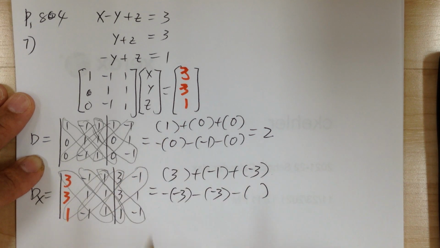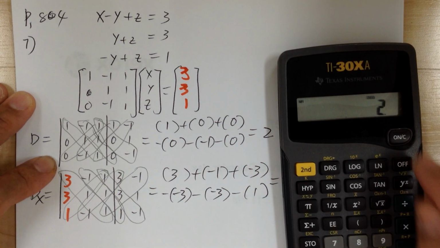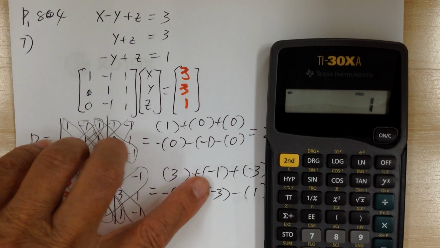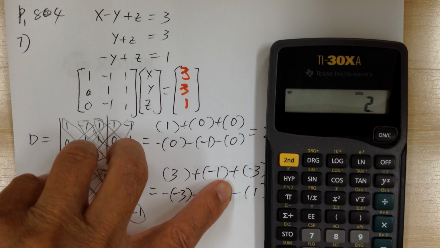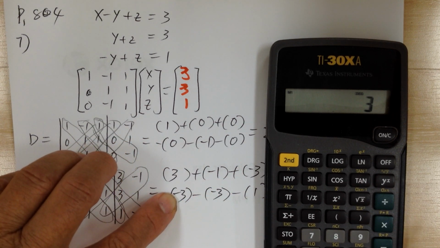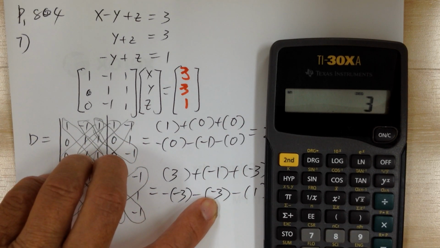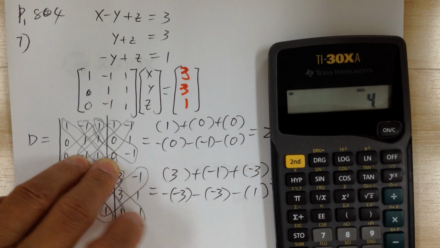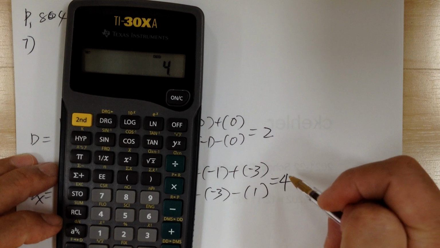This direction will equal 1. Okay, so get a calculator. So you got 3. Plus minus becomes -1. Plus minus is minus again. Okay, minus minus is plus. Minus minus is plus. Minus 1. Okay, so this is equal to 4.